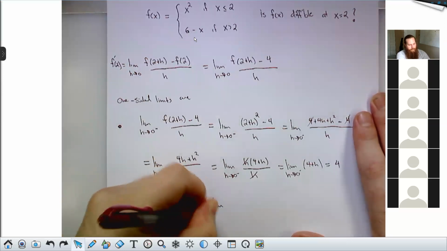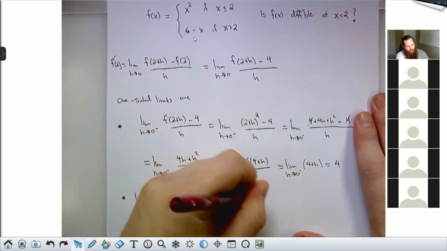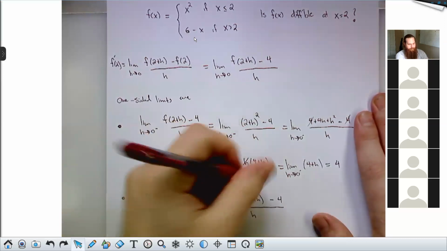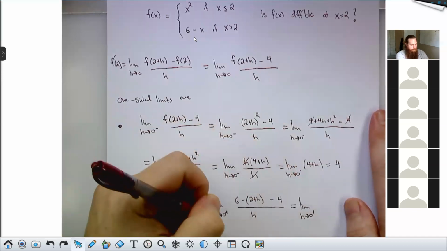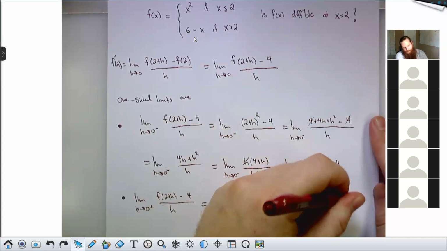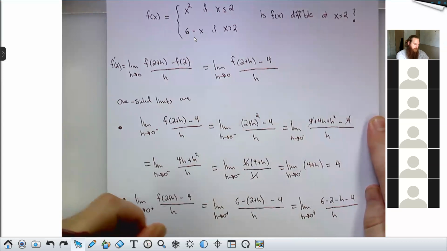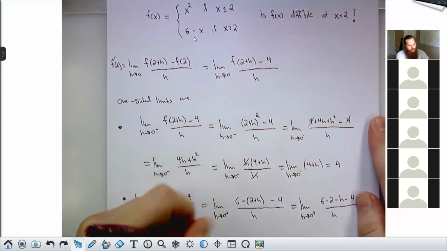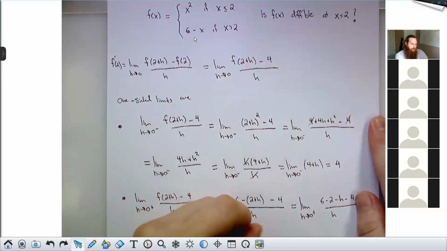So this is lim h to 0 plus 6 minus 2 plus h minus 4 over h, which is lim h to 0 plus 6 minus 2 minus h minus 4. Which is lim h to 0 plus 6 minus 2 is 4, 4 minus 4 is 0. You get negative h over h, cancel, cancel. And you have lim h to 0 plus of negative 1, which is negative 1.